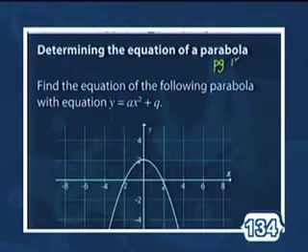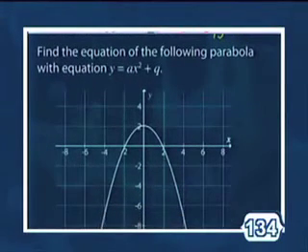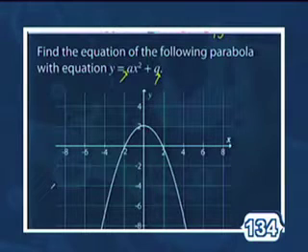We've moved 2 pages ahead and we are looking at determining the equation of a parabola, and the question which is followed by the picture says, find the equation of the following parabola with the equation y equals ax squared plus q. So please notice that they haven't given us the value of a and they haven't given us the value of q. So those are the 2 things that we're going to need to work out.